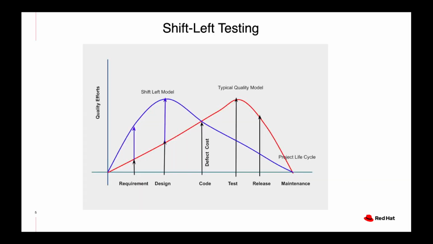In order to have a clear understanding of shift-left testing, we need to compare it with the typical quality model. As shown in this diagram, in the typical quality model, all the activities are in sequential order, starting from requirement, design, code, test, release, and maintenance.